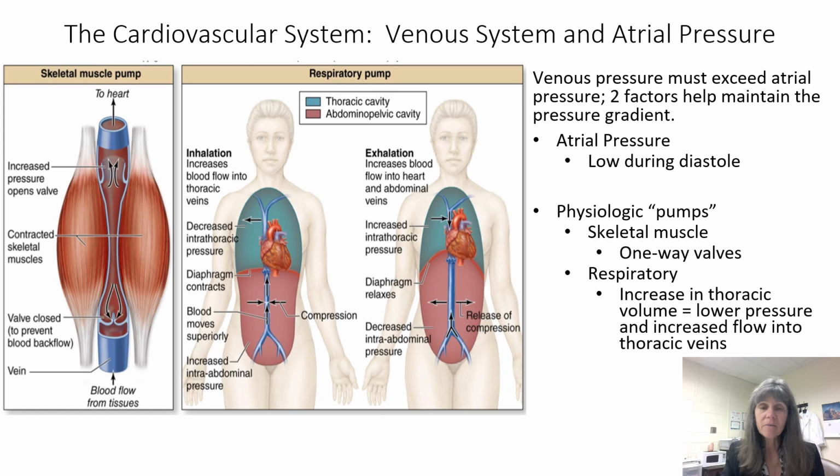We can see venous blood coming back up into the abdomen as we release the diaphragm and have that decreased intra-abdominal pressure. So that's how we get blood not only back up to the heart, but actually in the heart, because we're creating pressure when we exhale. That actually helps the blood flow from high pressure in the vena cava to low pressure in the right atrium.